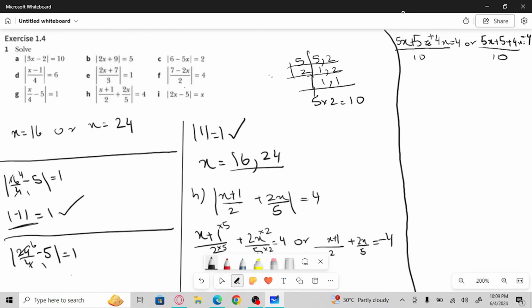So obviously what we are going to do, 5x plus 5 plus 4x, I'll simplify this in a minute, is equal to 40, or 5x plus 4x plus 5 is equal to negative 40.